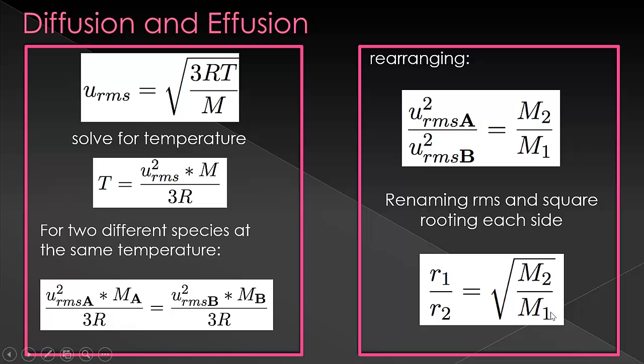So if you raise the mass of a particle, you lower its speed, which means that their masses can form a ratio with their speeds. Something that's moving faster is going to effuse faster, so this also gives us the ratio of the rate of effusion.